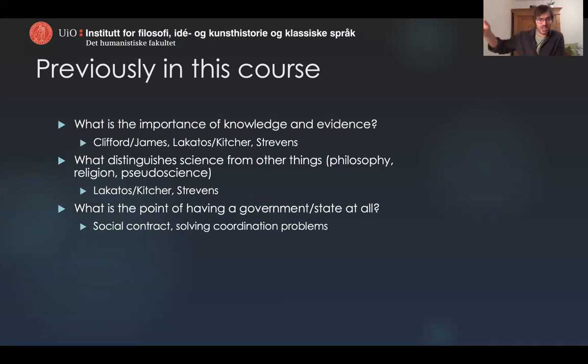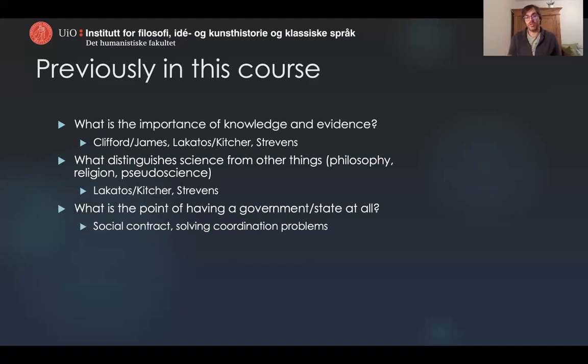Then we completely changed course and looked away from science, to society. We asked the question, what's the point of having a government or a state at all? And here we looked at the social contract tradition that argued that the point of having a government is to solve problems of coordination, where without a government, without any state, we might not get what's best for us.